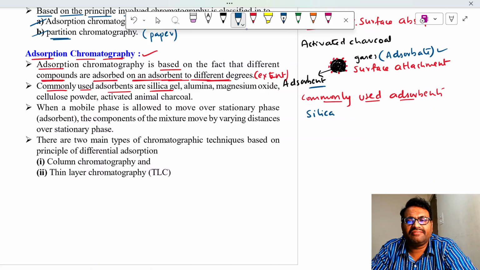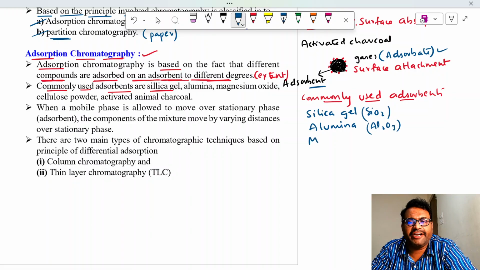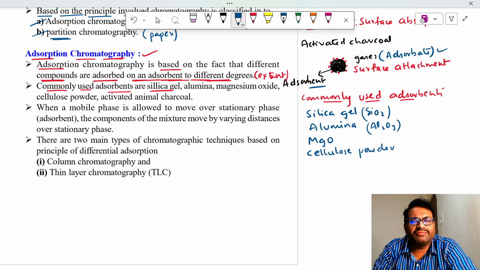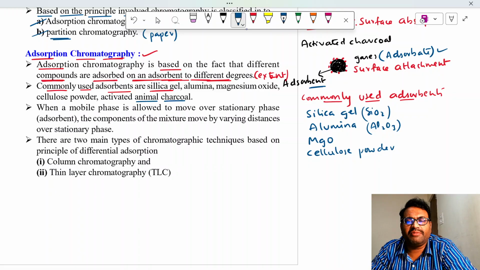Silica gel, alumina Al2O3, silica SiO2, magnesium oxide MgO, cellulose powder, activated animal charcoal.